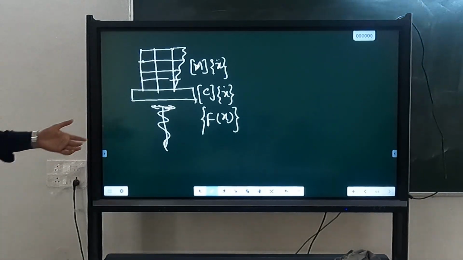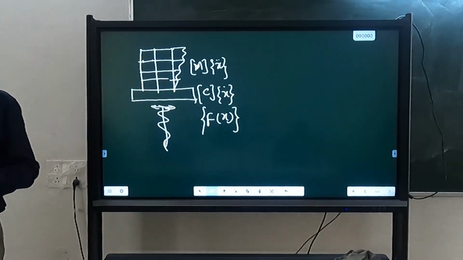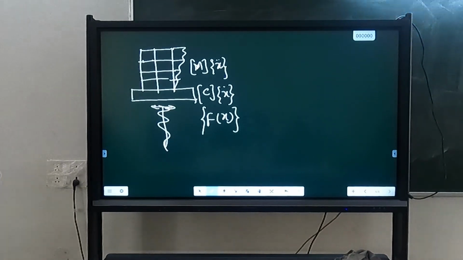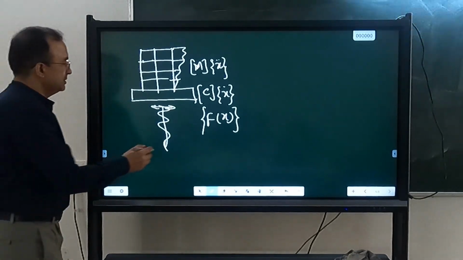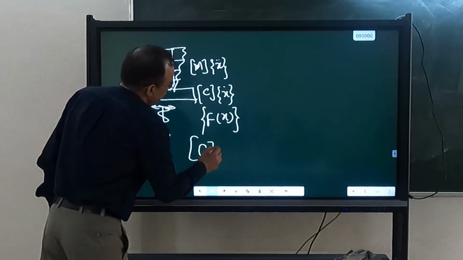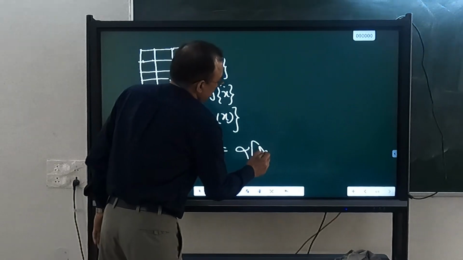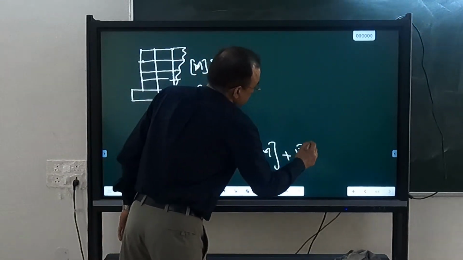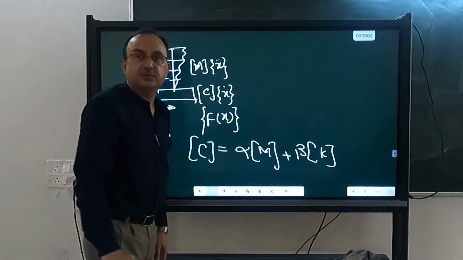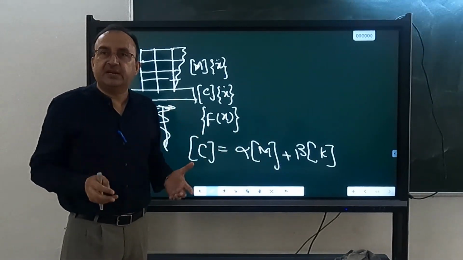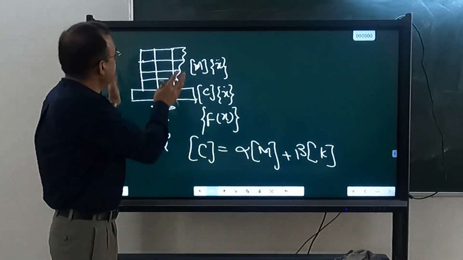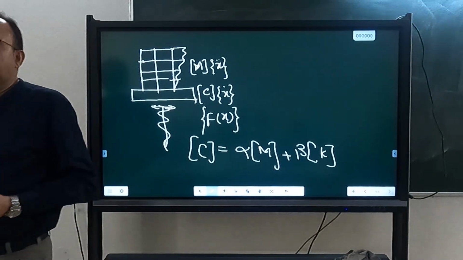Similarly, damping. If you have to do it numerically, you were worried how to get C. So you have taken Rayleigh damping, that is C is equal to alpha m plus beta k. How to get C was a big headache. Here you need not worry. Whatever is damping, that will be automatically taken care of.